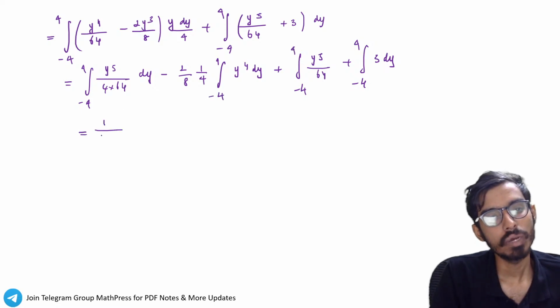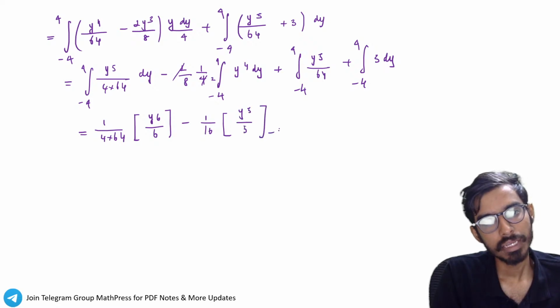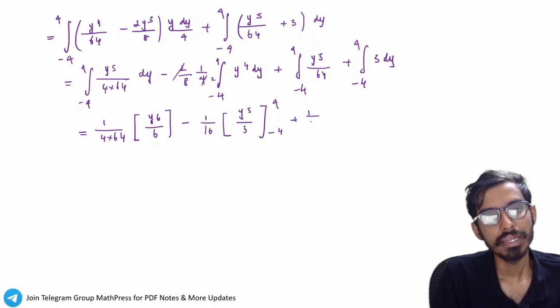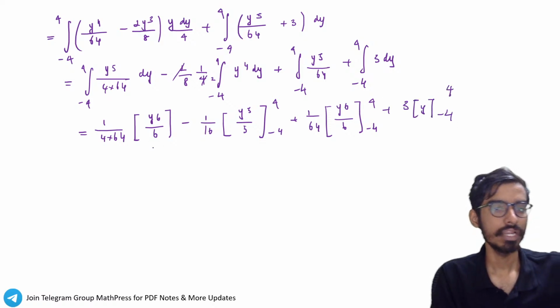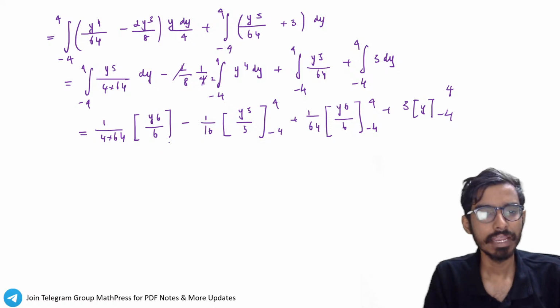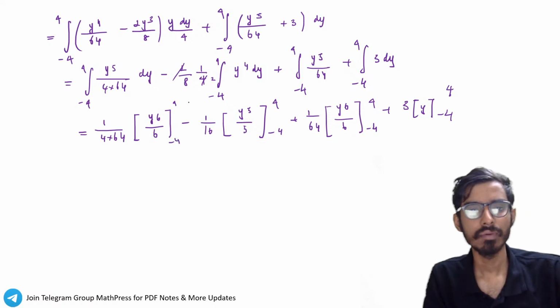This will be 1 by 4 into 64 y power 6 by 6, and this will be 1 by 16 y power 5 by 5 from -4 to 4, and here we will have 1 by 64. I can take this outside. So here we will have y power 6 by 6 from -4 to 4, and this will be integration of 3 dy from -4 to 4, right? I think you can evaluate this, right? You can evaluate this.